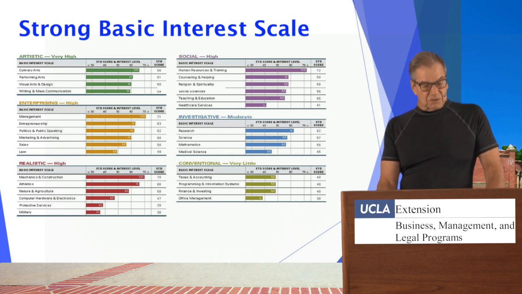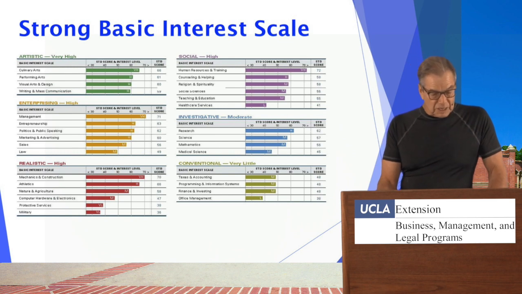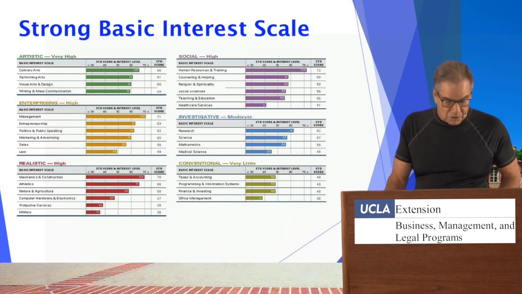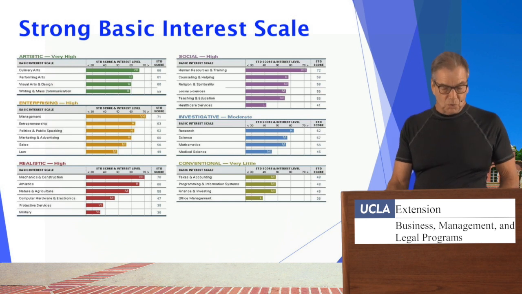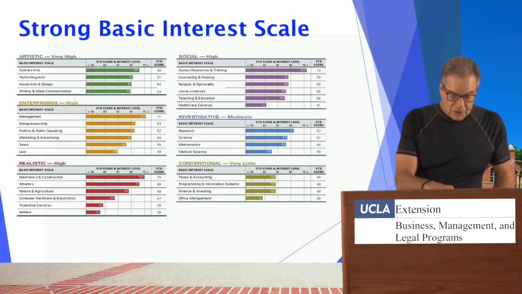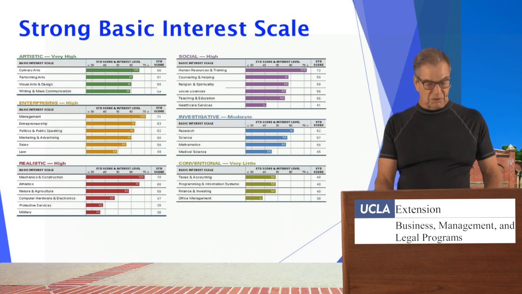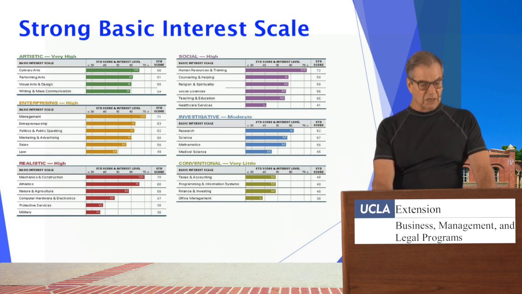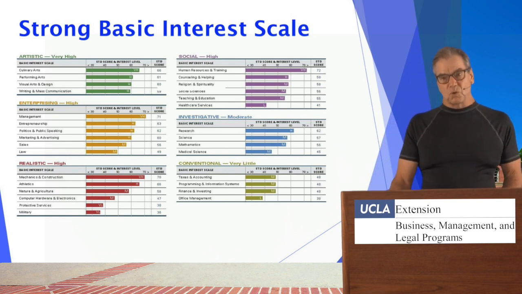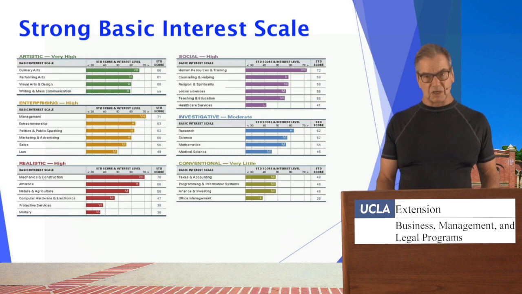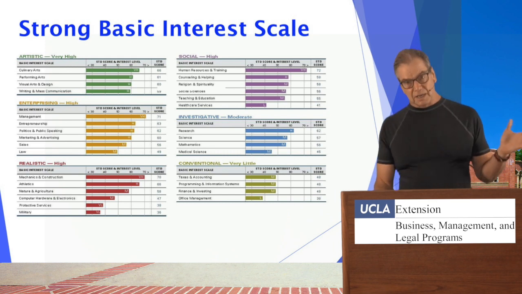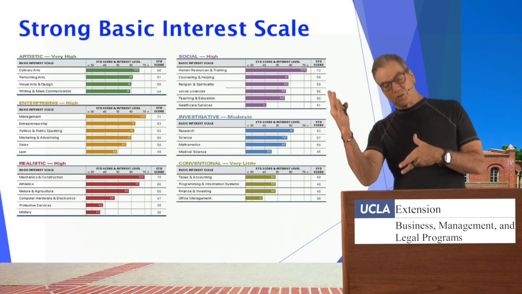So even if you had lower scales, like in my case social, investigative, and conventional, I still had some items in here that scored way over 50 points that might in some way play a role in how I would craft a strategy in terms of aligning my skills with opportunities in the future.